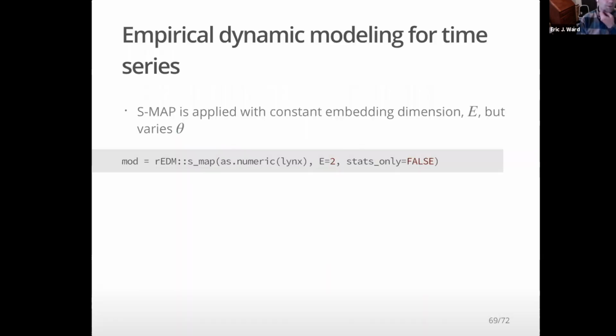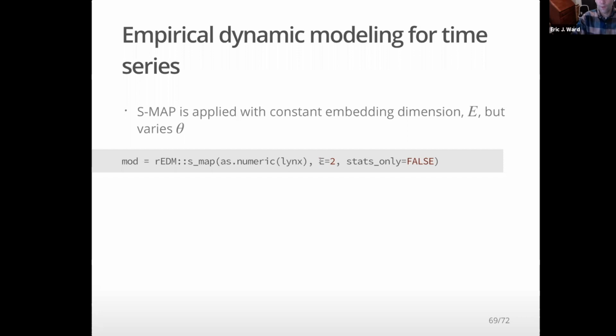But the function call is exactly the same as with Simplex. Applying this to the lynx data, the first argument again is our lynx time series, and the second argument is our embedding dimension. This is different from the Simplex function in that the embedding dimension here is not a vector.